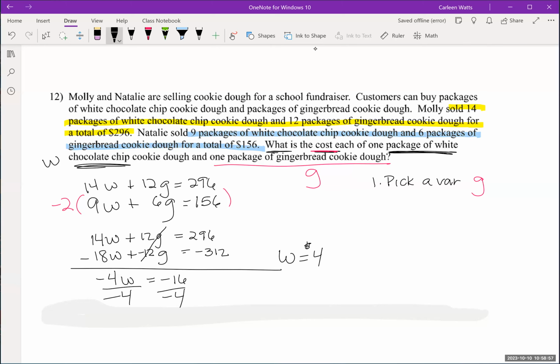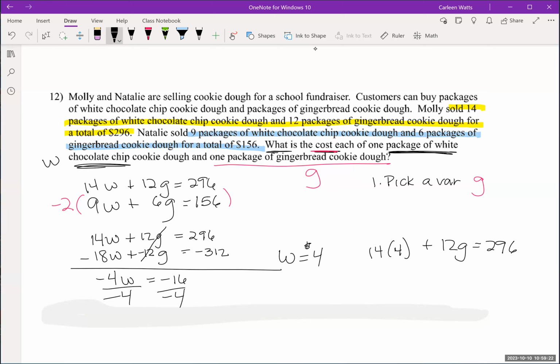So now I'm going to plug in. I'll do the top: 14W plus 12G equals 296. My notes, I did the other one.